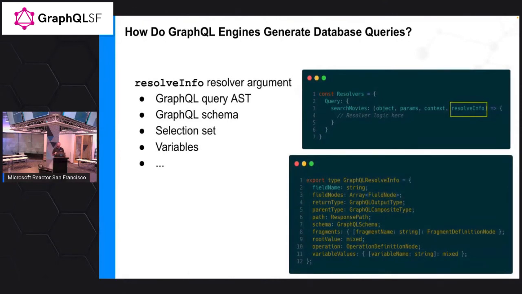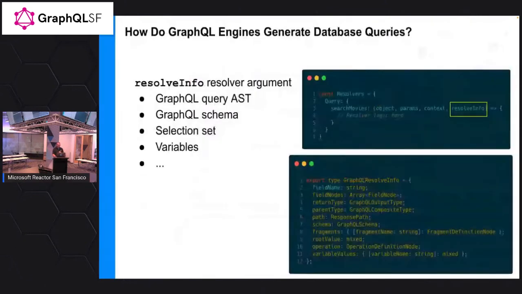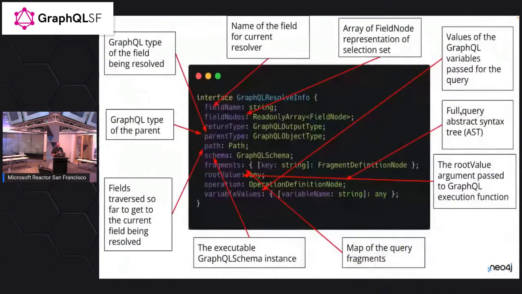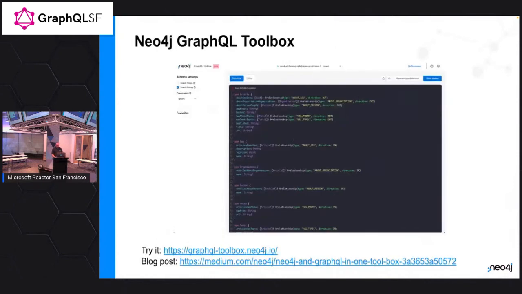If you're interested in how these sort of database integrations for GraphQL work, basically the generated resolvers grab the GraphQL resolve info object, which is passed to every resolver, this resolve info argument here, and there's a ton of information that's available inside each resolver, so you can basically look at the GraphQL schema and the query to build your database query from that. I gave a talk at GraphQL Summit that goes into a lot more detail of how this works, if you're interested in that.